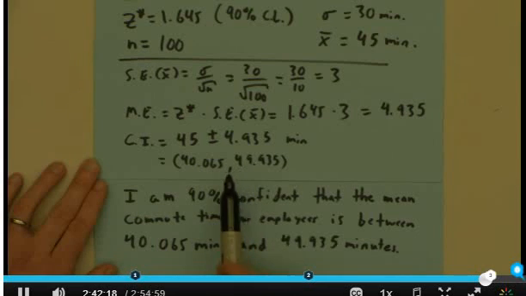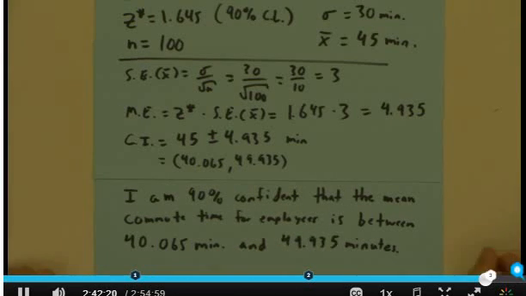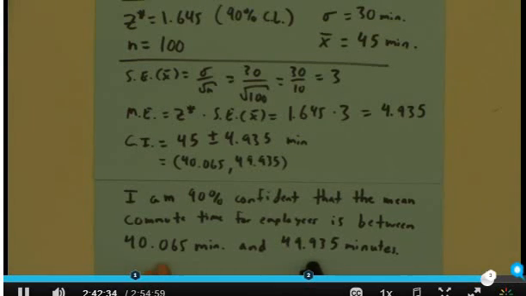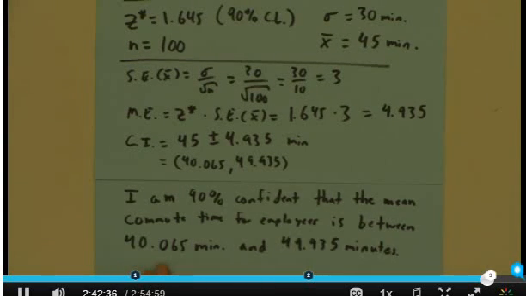The 10th time, however, it would just happen to fall outside of that range just by random luck. Sampling variability happened to not work out for me that time. And so for whatever reason, my sample gave me poor information. I felt like it was likely to be in here. I had that 90% confidence that it was, but 10% of the time, it ended up being incorrect.